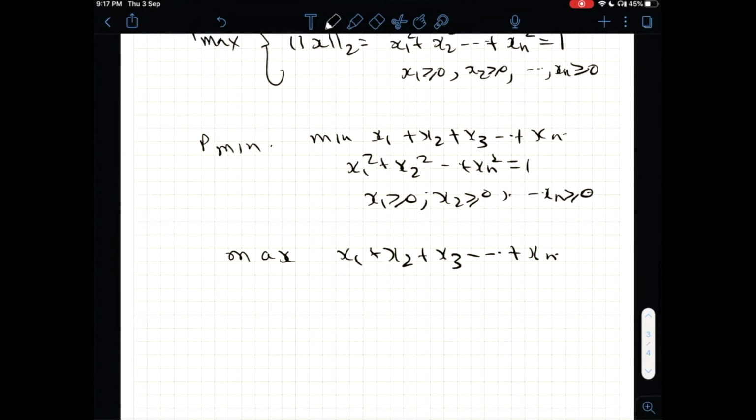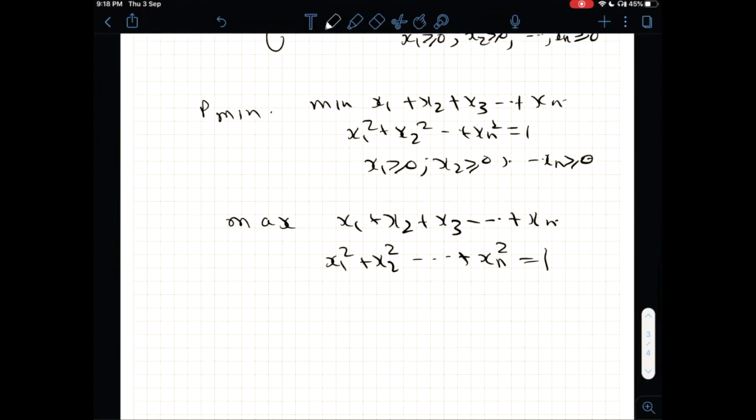You will carefully observe and say, oh, it has a linear objective function, which I like, but it has a quadratic inequality, a nonlinear inequality, and also bounds, which are inequality constraints. So these bounds are also inequality constraints.